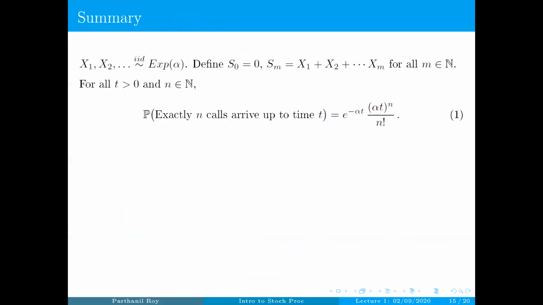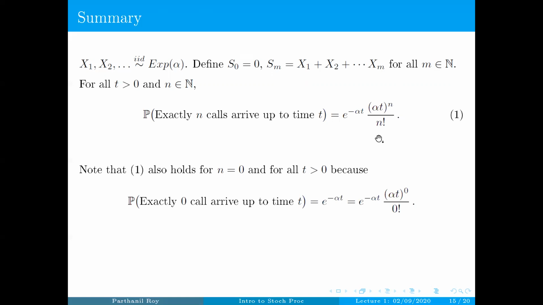Okay, so let's summarize what we have obtained so far. In our setup, if you fix t positive and a positive integer n, the probability of exactly n calls arriving up to time t is given by this equation: e power minus alpha t into (alpha t) power n by n factorial. Now note that we had taken n to be a strictly positive integer, but it also holds for n equal to 0.